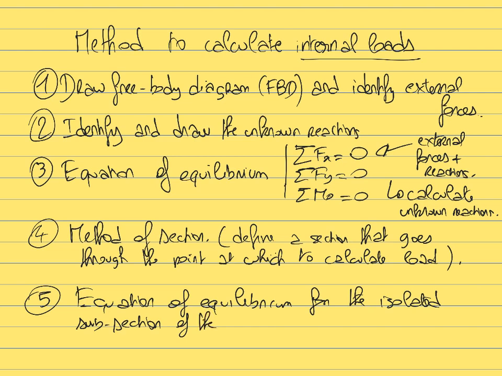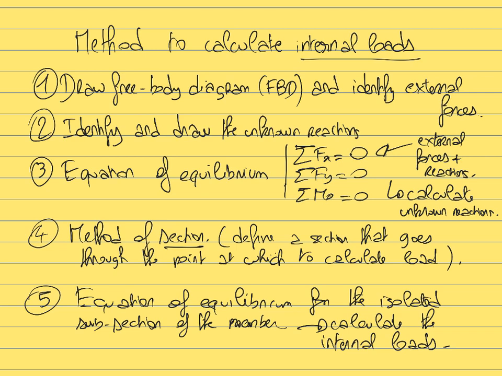So you isolate either the left or the right part of the member on one side or the other of the section that you have defined that goes through the point at which you want to calculate the load, and you write the new condition of equilibrium. And at this point, this will allow you to calculate the internal load. So it's important to follow those steps.